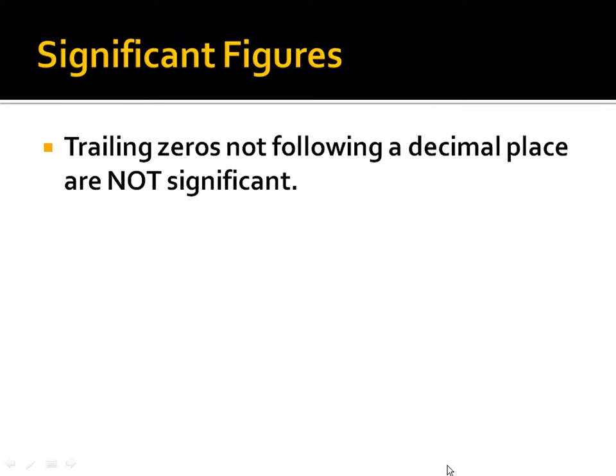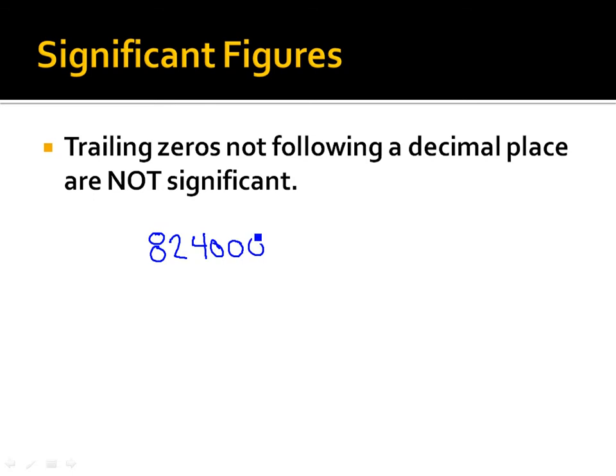So far, we have looked at trailing zeros that follow a decimal place, and we know that those are significant. But what about the trailing zeros at the end of a number that do not follow a decimal place? These are not significant. Let's look at an example of this, a number such as this.